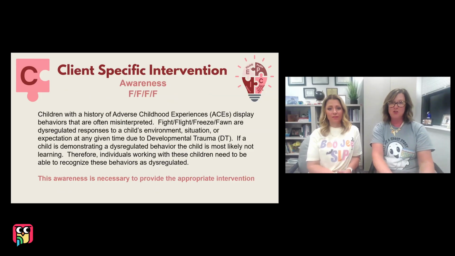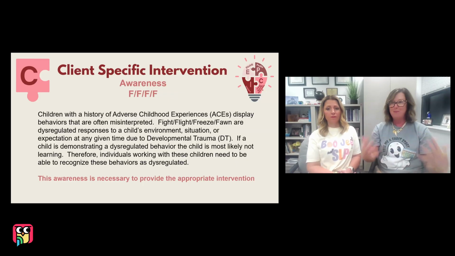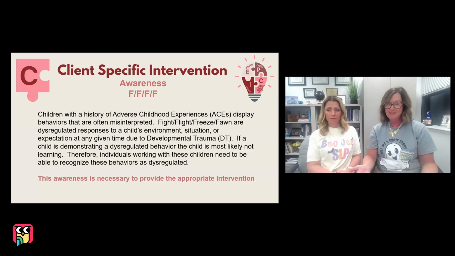Also, I think it's important to remind yourself that children with a history of adverse childhood experiences, or ACEs, display behaviors that are often misinterpreted. I would say this is one of our biggest barriers: people see their behaviors as naughty or bad behavior that they have control over, and they're making bad choices.